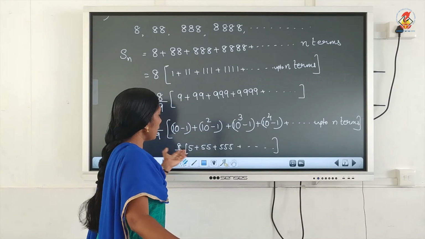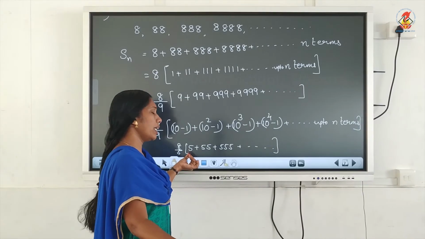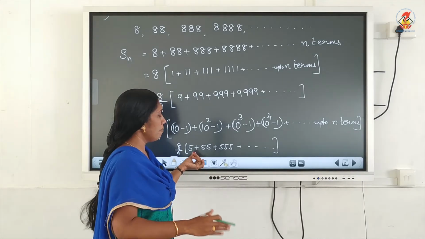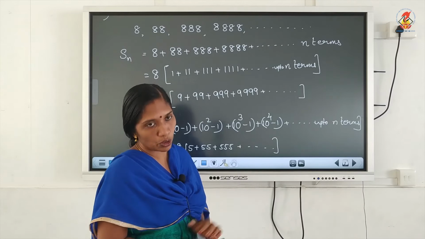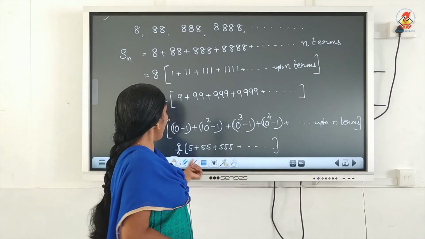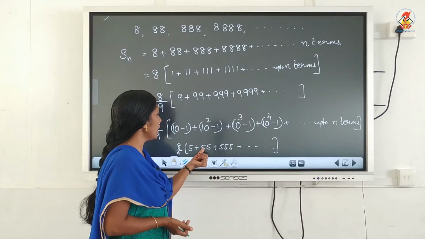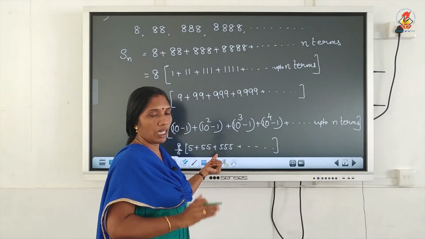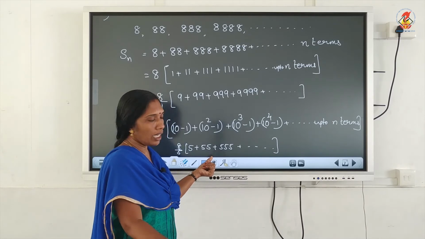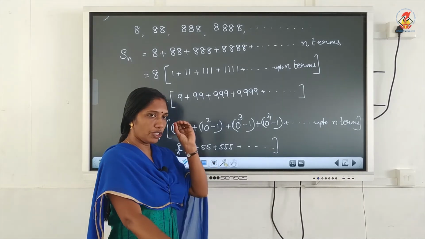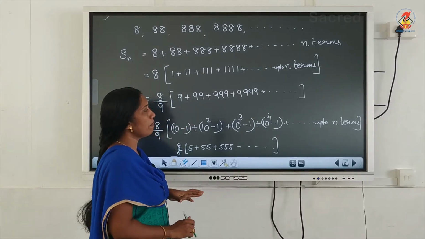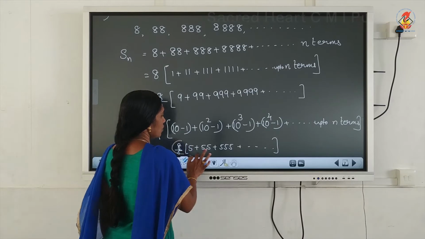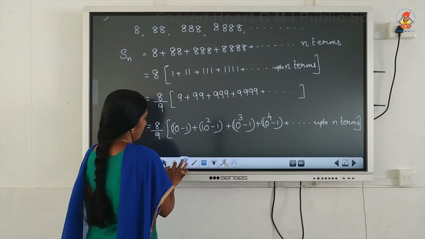But if you multiply by any other number, this 5, how can we write 5? We can write in different ways, but it is not possible to convert to GP. Okay. If I write 5 as 10 minus 5, then how we write 55? It is 50 plus 5 or 60 minus 5. Okay. So, always you have to keep in your mind divide and multiply by 9. That is the easy way to convert the sequence into GP. Okay.